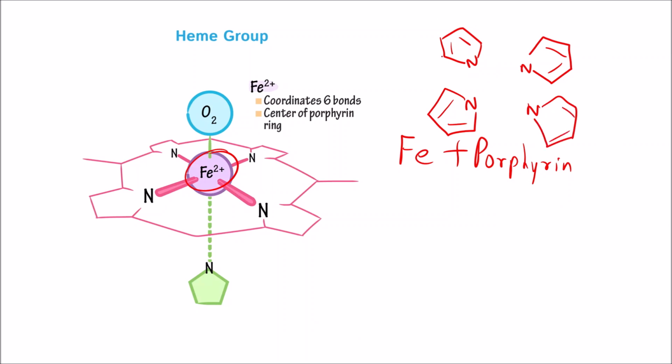And then at the ortho position, there is one methylene substitution, like this. So this is called the porphyrin ring.